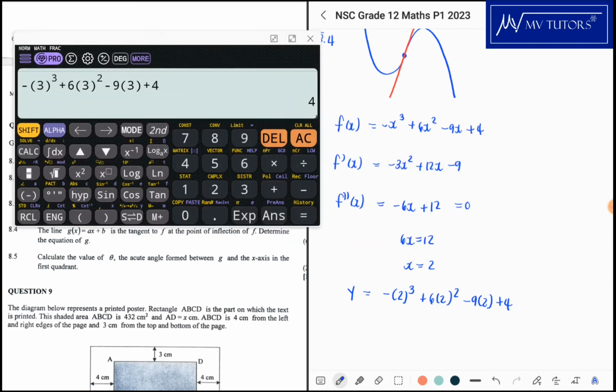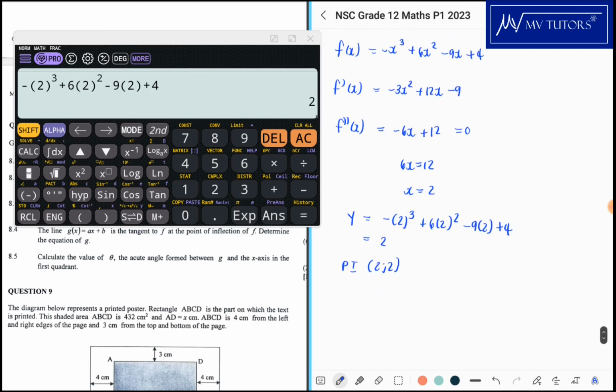I hope I still have that equation. Yes, I do. So let's put in 2. We get 2. So our point of inflection, I'm going to say PI, is (2, 2). All right, so we have a point, which is the point of inflection.